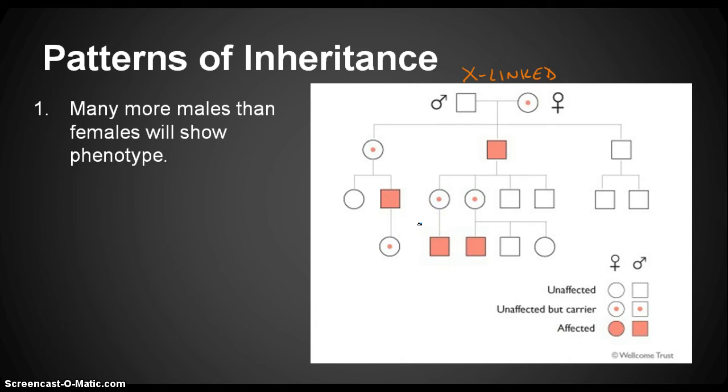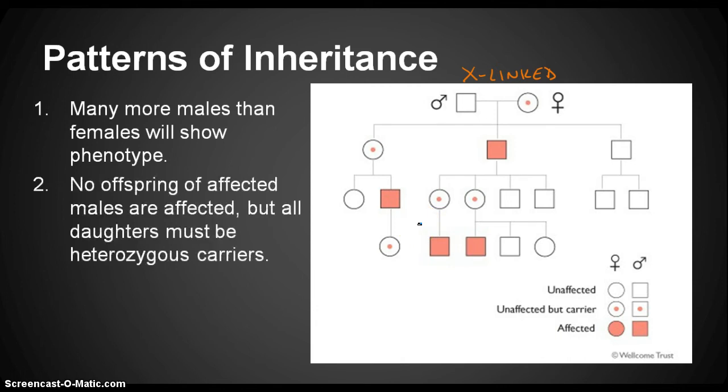And that's going to be true of all X-linked recessive charts. The other thing that we need to keep in mind is that no sons of an affected male are going to be affected, and we can see that right here. We've got an affected male and none of his sons are affected.